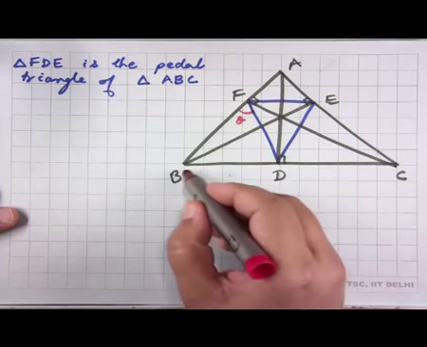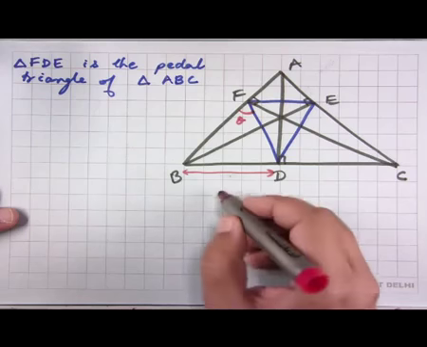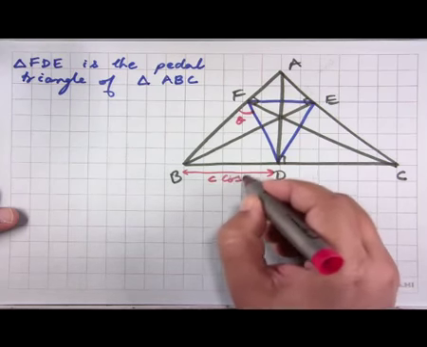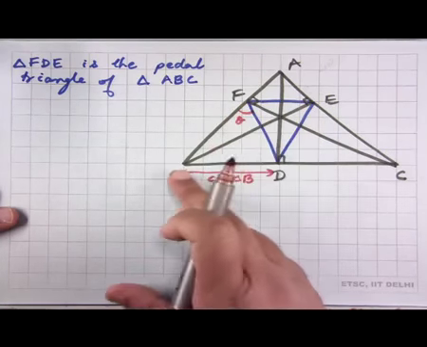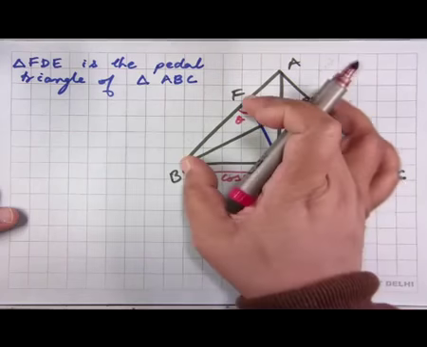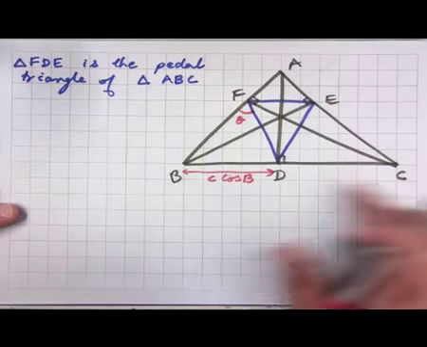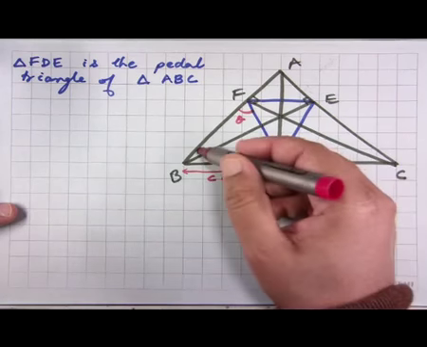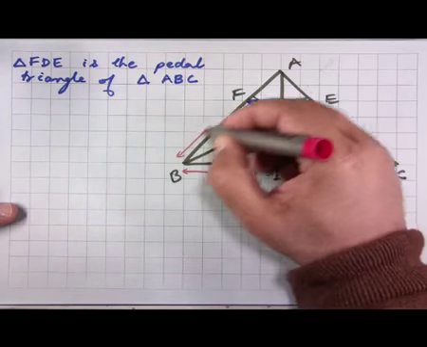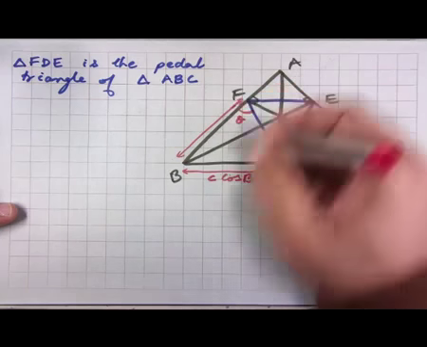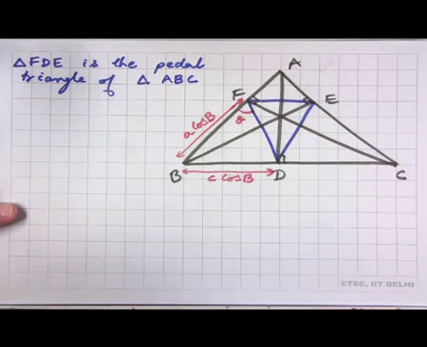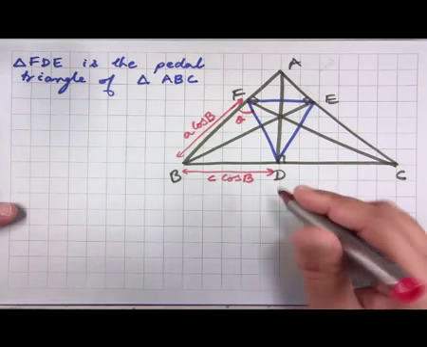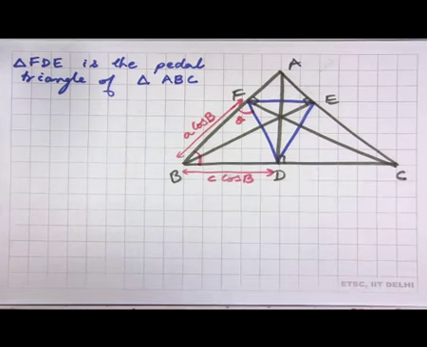We of course know that this length BD is nothing but c into cos B. Similarly, if we look at the right angle triangle FBC, then BF is equal to this entire length a times cos of this angle B. So, this length is a cos B. And of course, this angle is B itself.